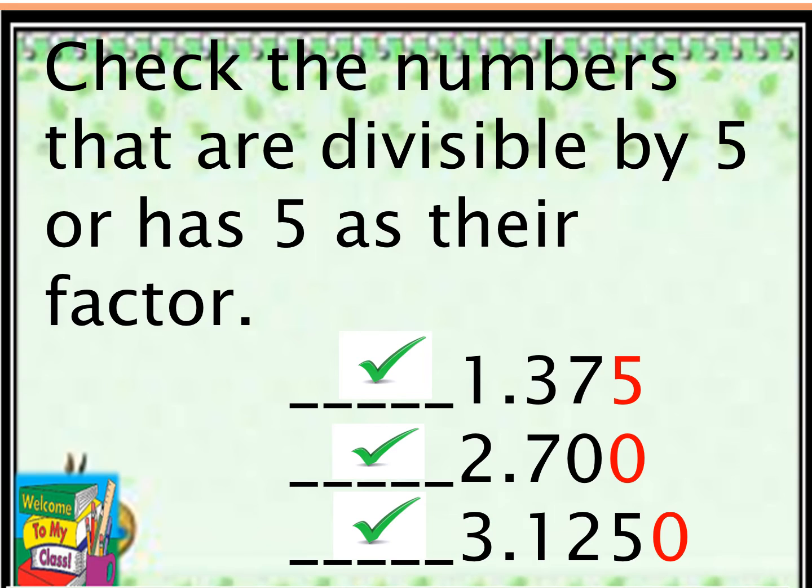Number 3, 1,250. That is also divisible by 5. So those numbers are divisible by 5 because they end in 0 and 5. So itong tatlong ito, ang nasa hulihan ay 0 and 5. Kaya ito ay divisible by 5.